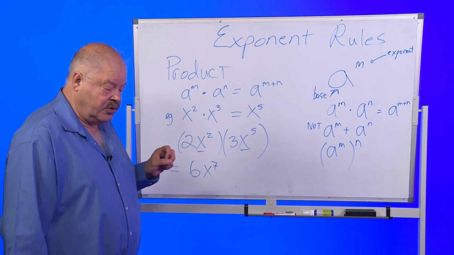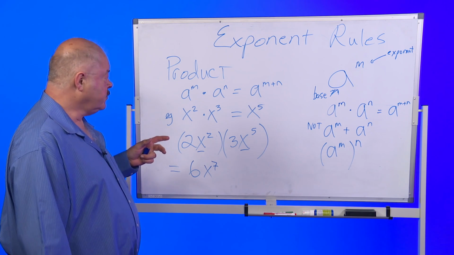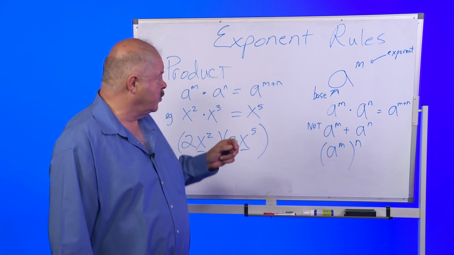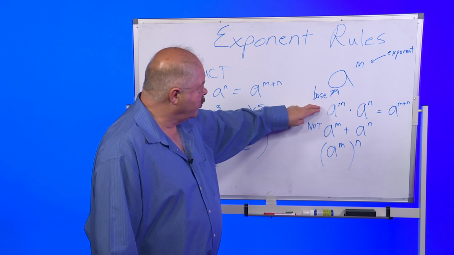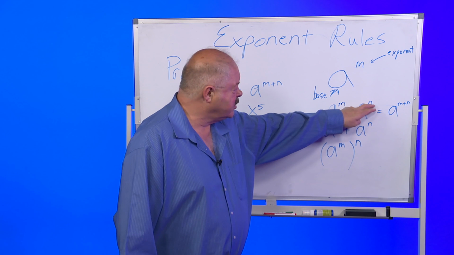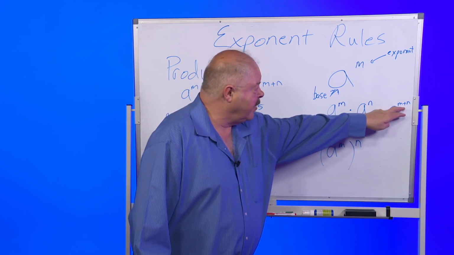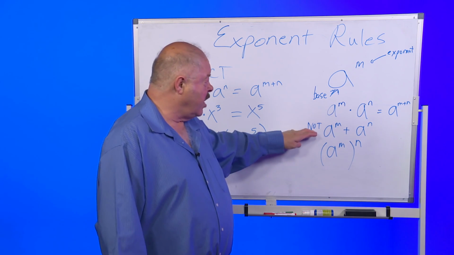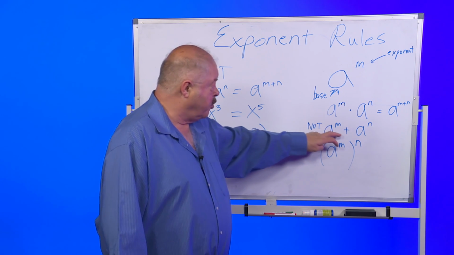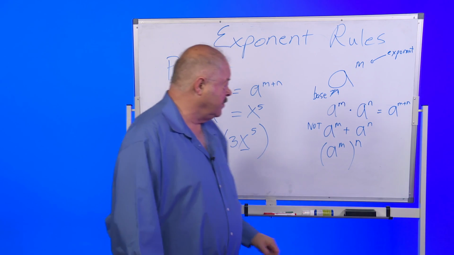Now I just want you to pay attention to something here, because this can be confused with some other things that are written that don't follow this rule. Here we're talking about the rule of the same base to an exponent, multiplied together. The rule is a to the m plus n. This is not the same as adding them. a to the m plus a to the n does not equal a to the m plus n.